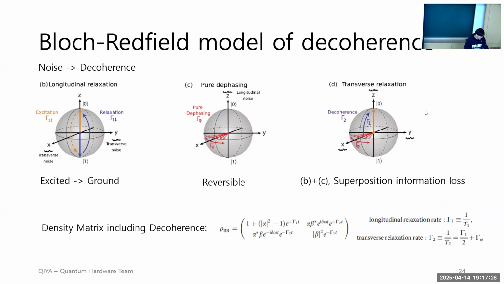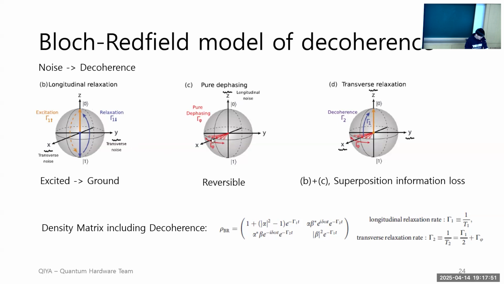These are the kinds of decoherence models. The first one is longitudinal relaxation. Basically the qubit state is not fixed because it is quantum dynamics, so it can make some vibration between the 0 and 1 states, from excited to ground state.